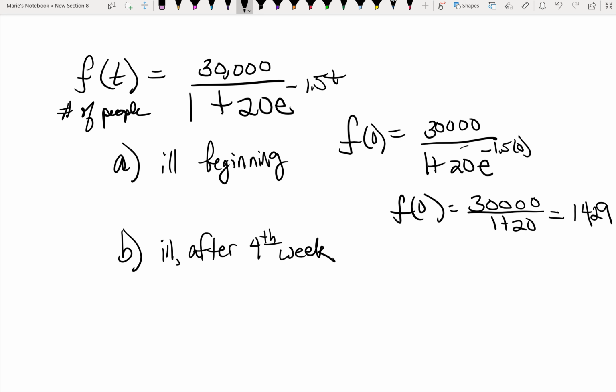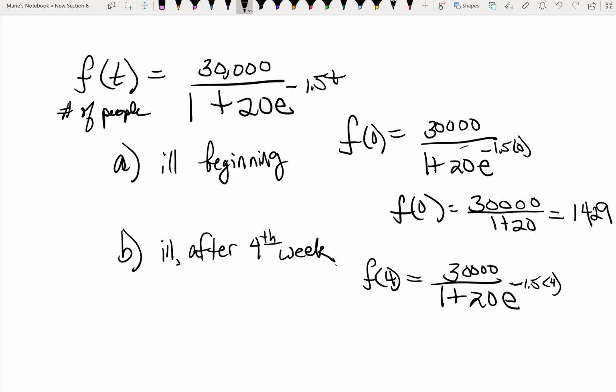In the same fashion, we would take our model, which in this case would be f of 4, so I guess time is in weeks. So f of 4 is equal to 30,000 divided by 1 plus 20 times e raised to the negative 1.5 times 4.